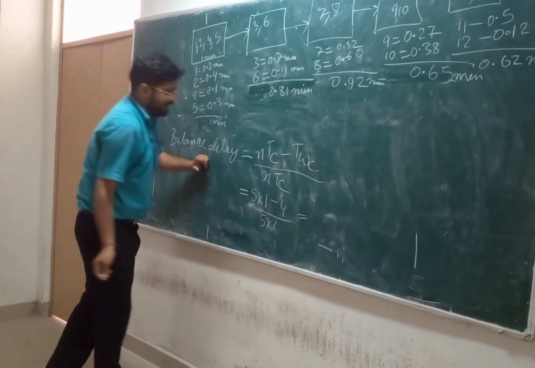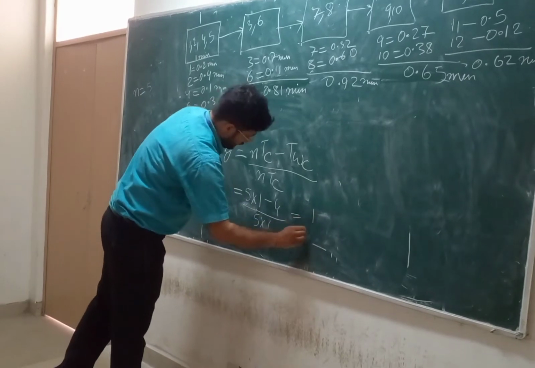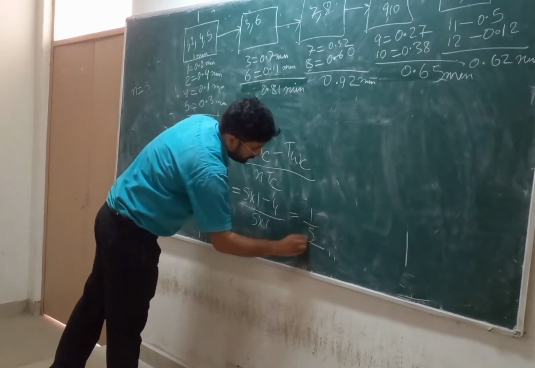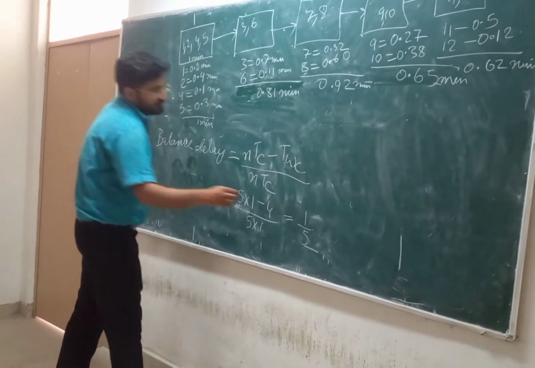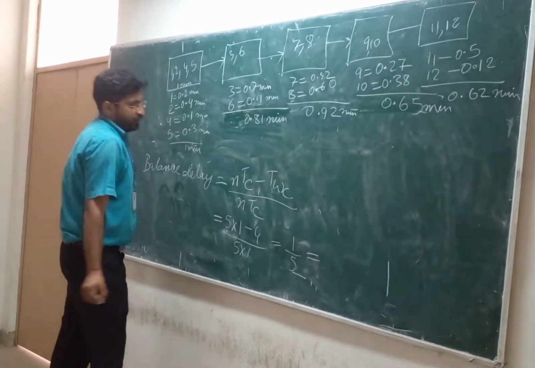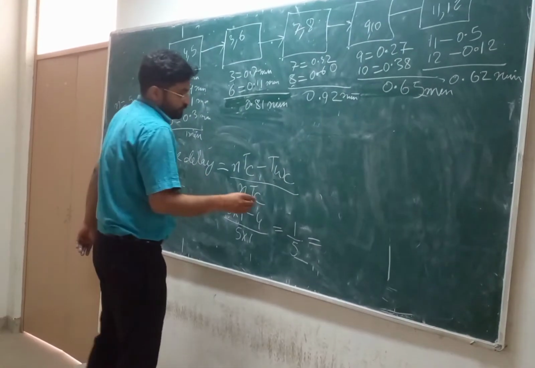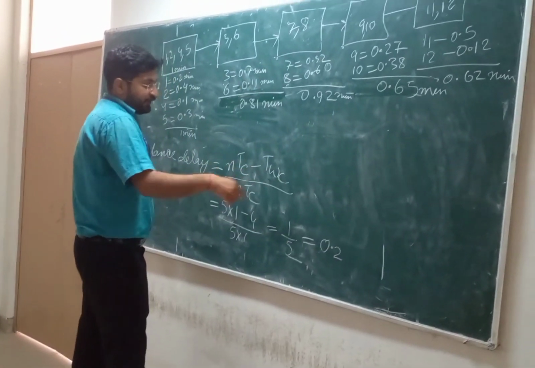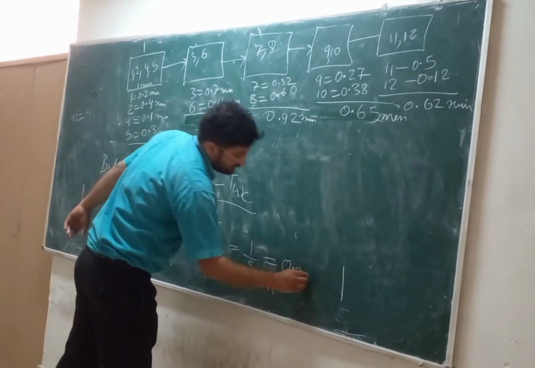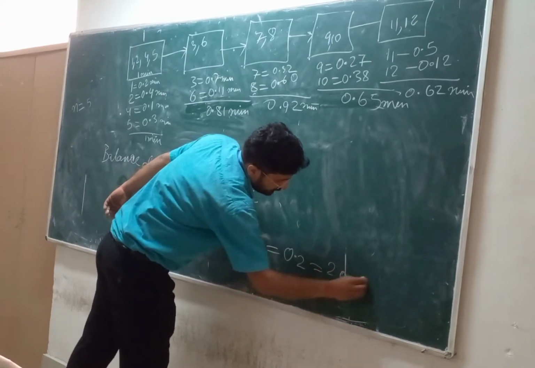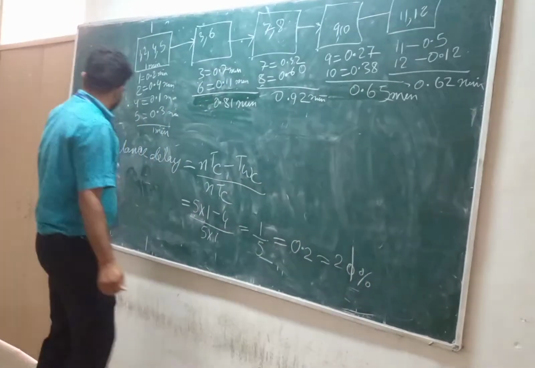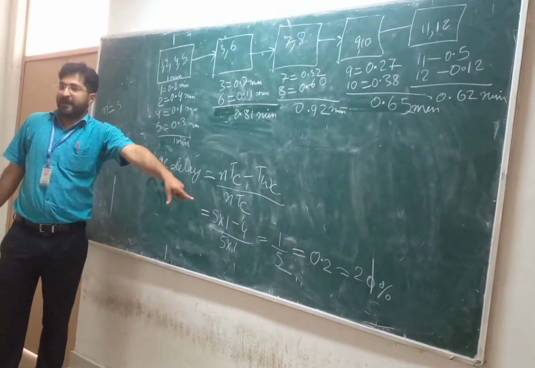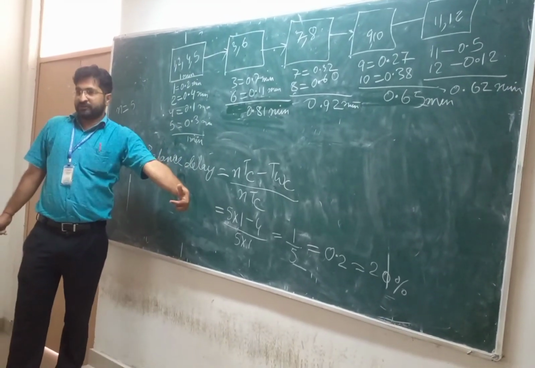So this comes as 1 divided by 5, that means 0.2. If we convert this into percentage, it will come as 20%. So balance delay is 20%.